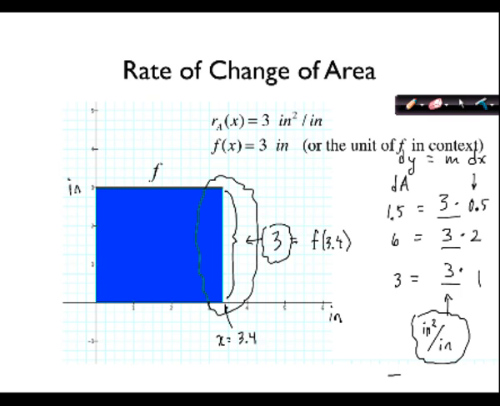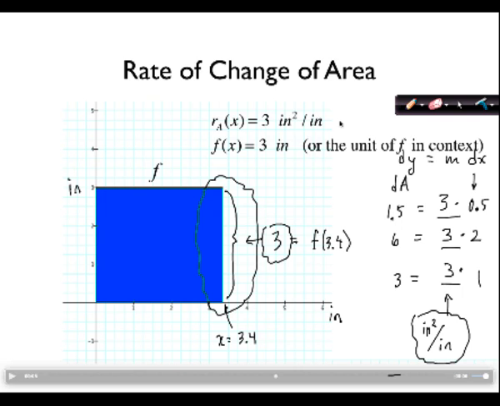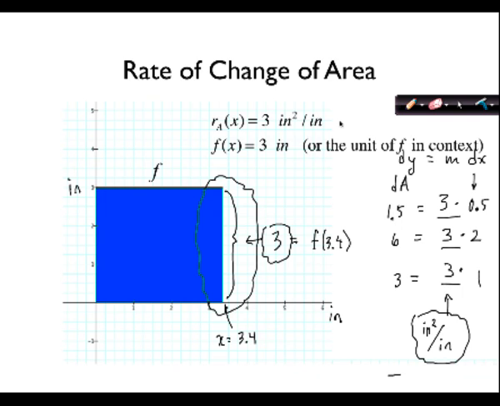So they have the same value but different units. We'll use the value of the function, and knowing that it's the rate of change of area, we'll adjust the units: inches squared per inch, or meter squared per meter, or centimeter squared per centimeter, or whatever.